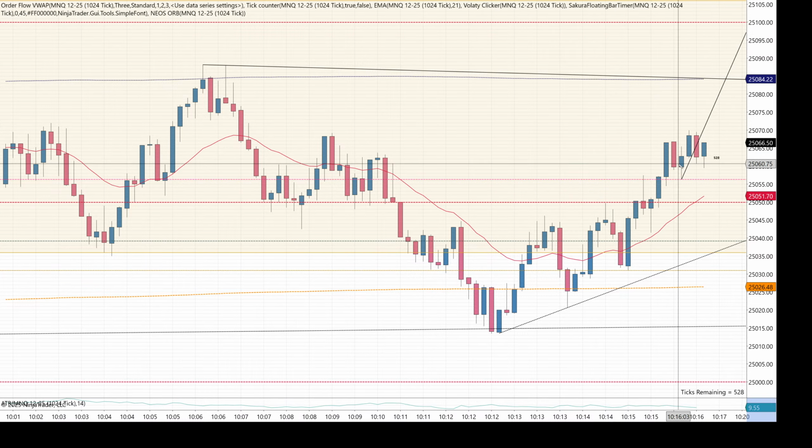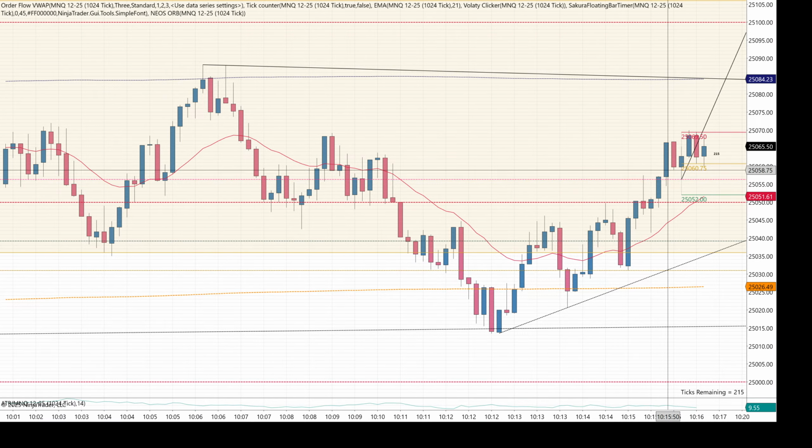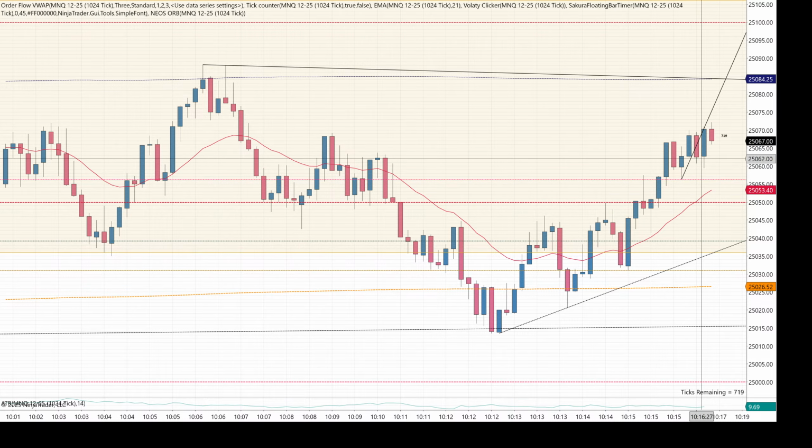This is a false positive bearish trigger. We're still running to the upside. We haven't taken the runner out.